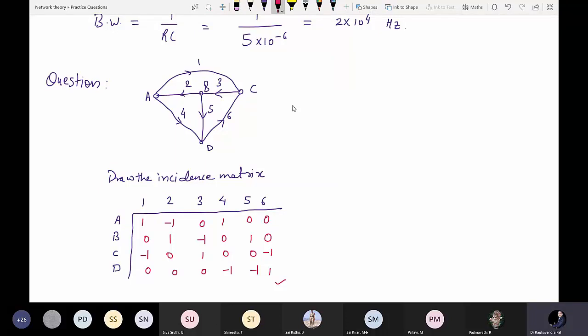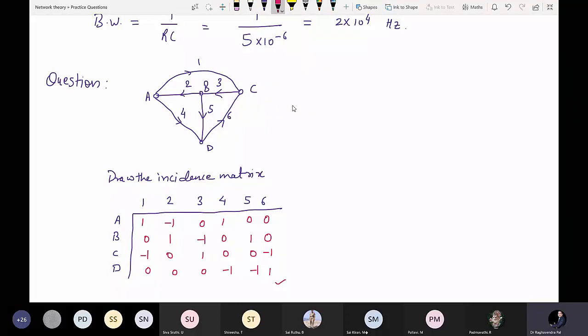There is one formula I have already told you earlier: how to calculate the total number of possible trees for this matrix. For that, we have to calculate the reduced incidence matrix first. To calculate the reduced incidence matrix, remove any one row.